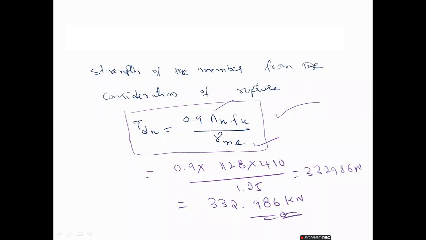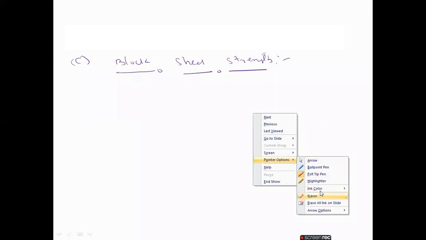Okay, this is the method we use to calculate for the second condition, that is, the consideration of rupture along the critical section. Now moving to the third one, the C portion, it is nothing but block shear strength. In this block shear strength, how will we calculate it?